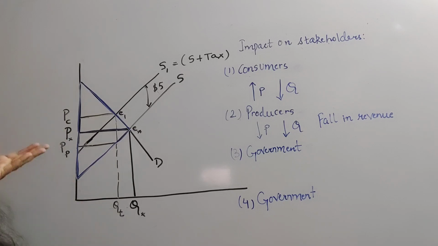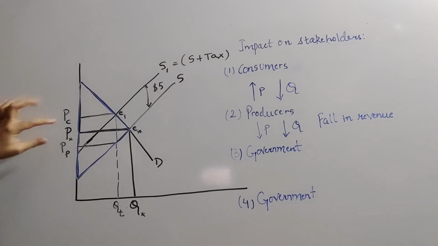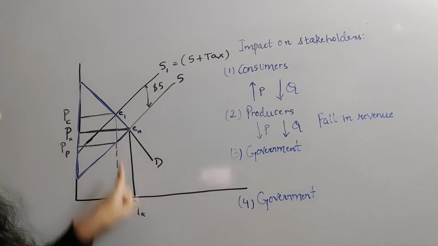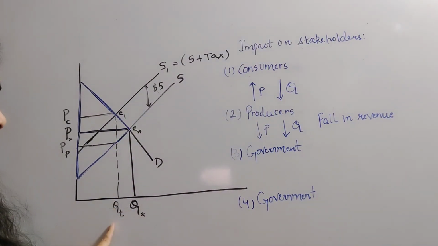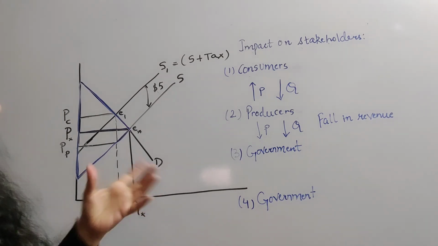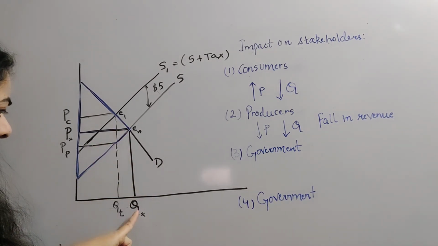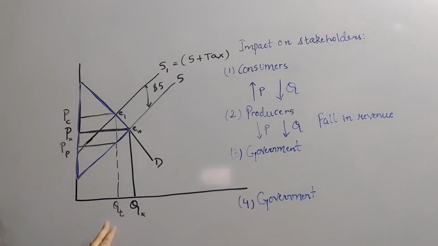Consumers are worse off, reason being, earlier they were paying this price P star, but now they have to pay this price PC. So technically, the price has increased. And at the same time, there is a fall in the quantity as well. The quantity has decreased from Q star to QT.